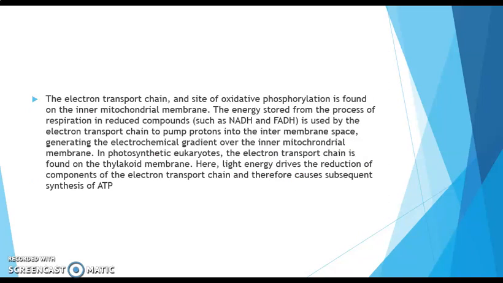The electron transport chain and the site of oxidative phosphorylation are found on the inner mitochondrial membrane in the case of eukaryotes. The energy stored from the process of respiration, for example the Krebs cycle, is stored in reduced components such as NADH and FADH.